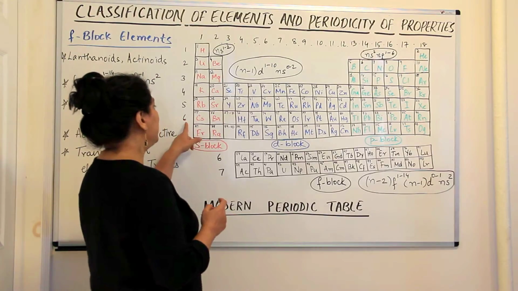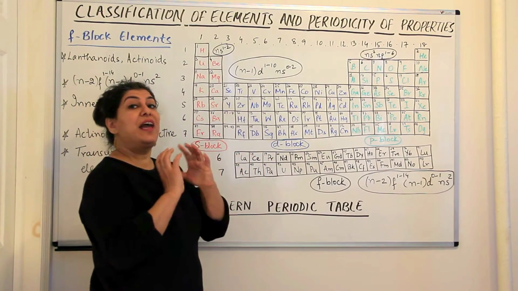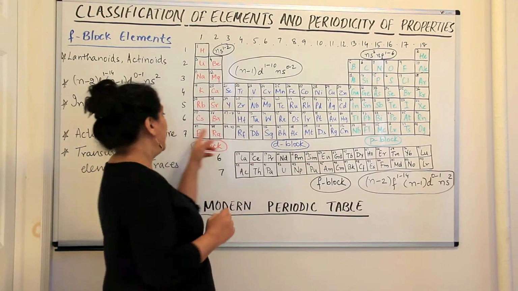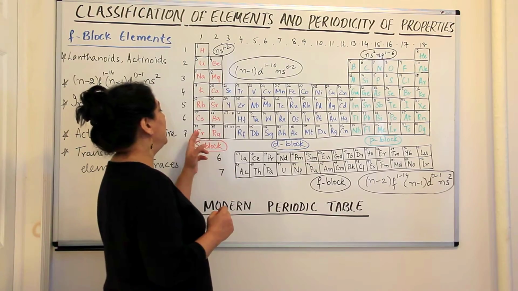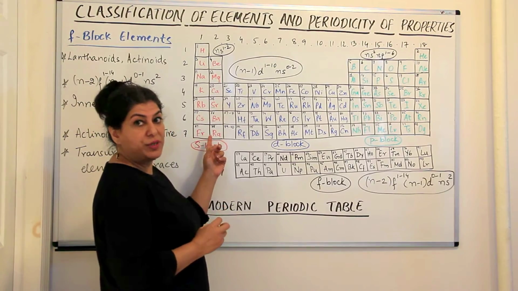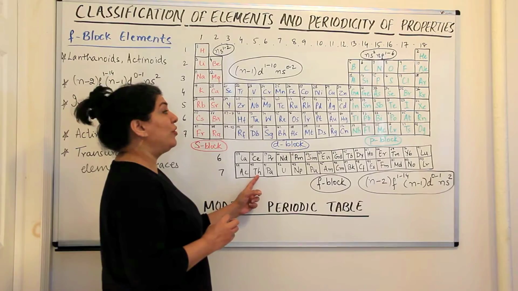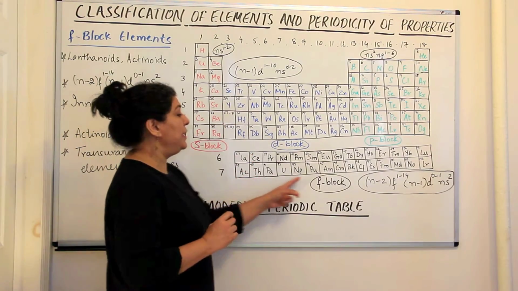That is, in the sixth period, in cerium, praseodymium, the F orbitals of the fourth shell are being filled up. In the seventh period, after actinium, where you have francium and radium with electrons in the seventh s orbitals, the F orbitals of the fifth shell are being filled up.